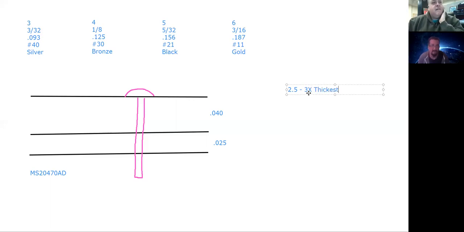So the thicker of these 2 sheets is what? 0.040. Right. So the 040 is the thicker sheet. So 2.5 times 040 is what? Oh, let me do the calculations.